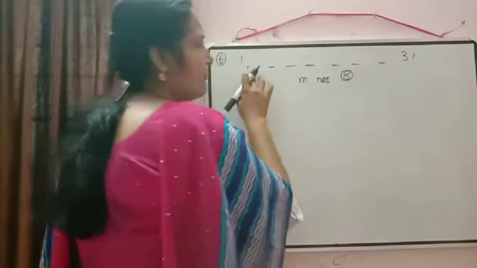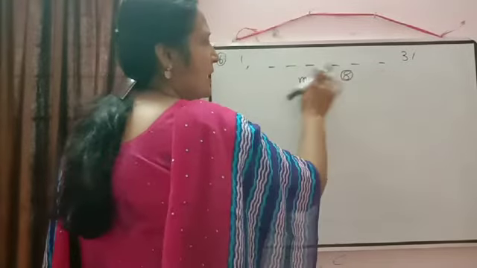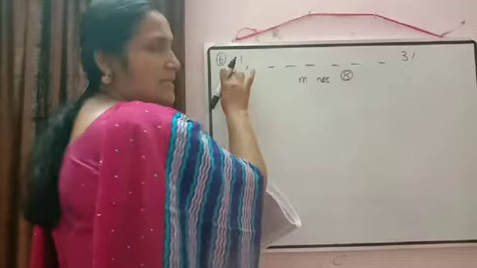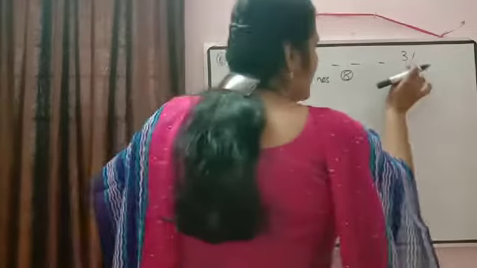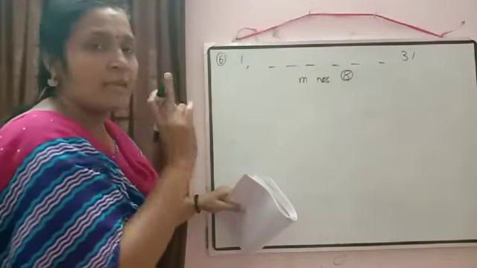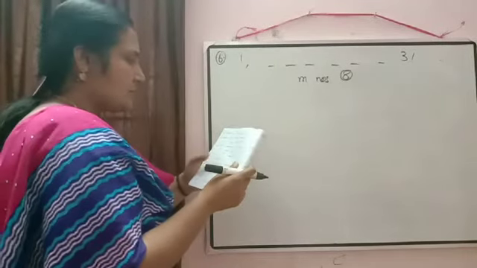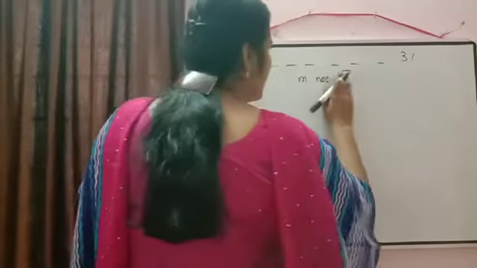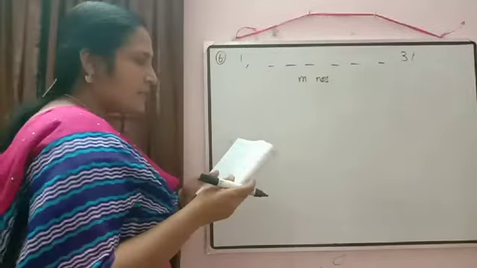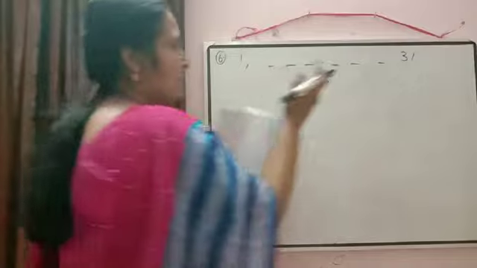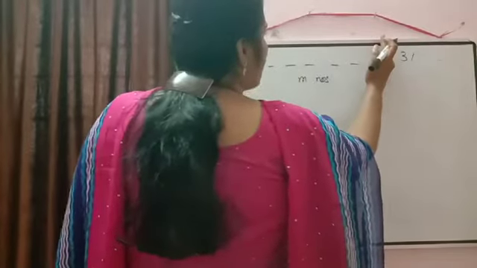So can you tell me what will be the last term? If a total of 8 numbers are there in between them, 1 will be the first number and 31 will be the 10th number. Correct? So in the same way, in the question it is written between 1 and 31, how many numbers are inserted? M numbers are inserted. So between these two, M numbers are there.